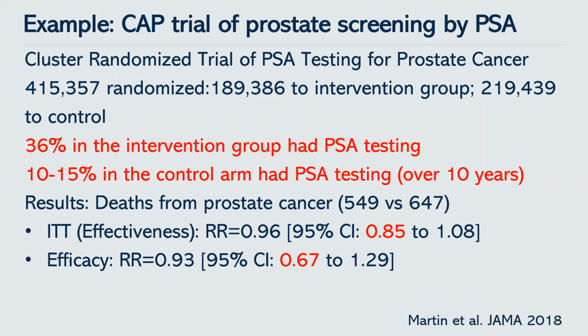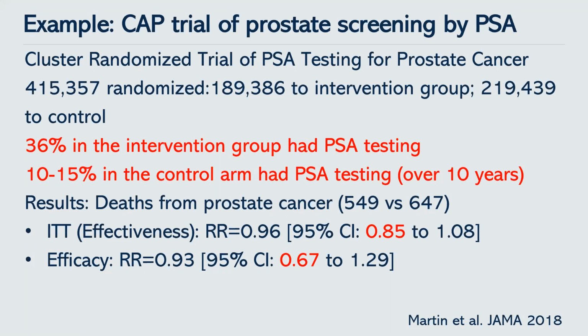The problem was, because of the way it was done, only 36% of men in the intervention arm had PSA testing. And we don't know for certain, but the authors estimated that between 10 and 15% of men in the control arm had at least one PSA test over the 10 years of the study.